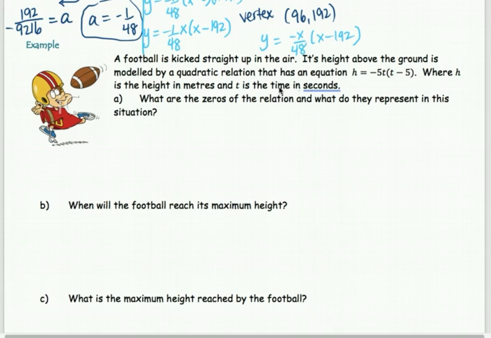H is the height, t is the time that takes place as this ball gets kicked into the air and then comes back down. Okay, so by analyzing this equation here, can you tell me what the zeros are, and what they represent in this word problem? Okay, so again, let's just write out the equation here so we can break it down.